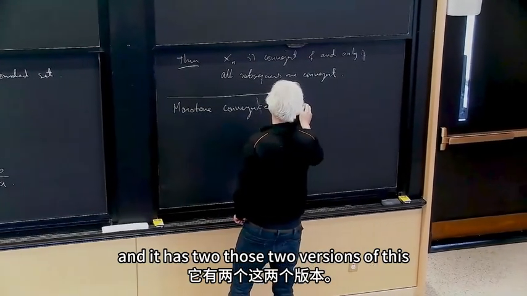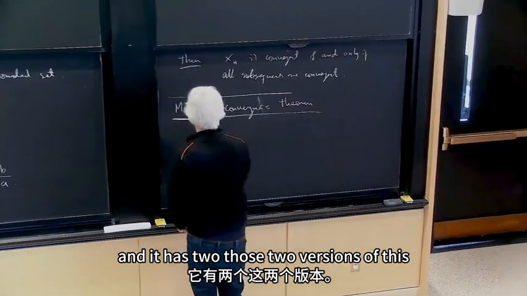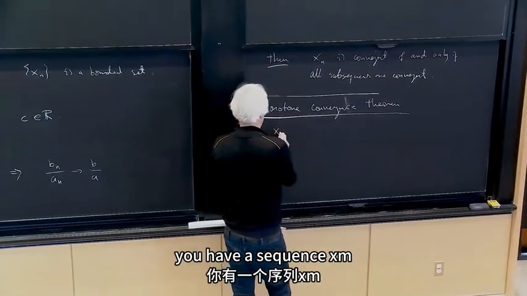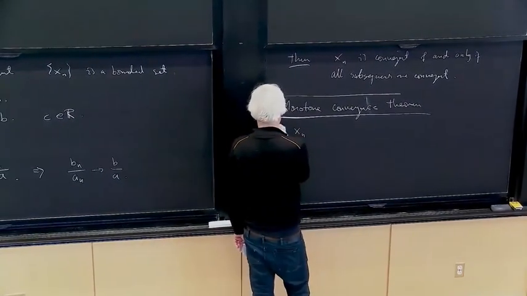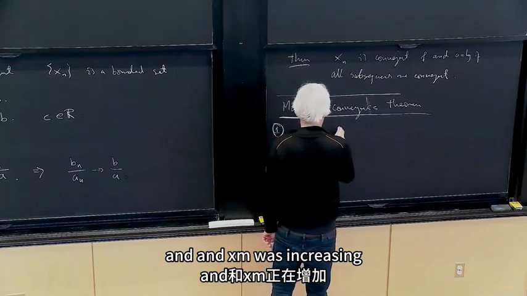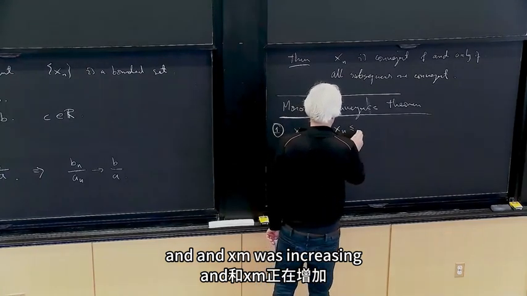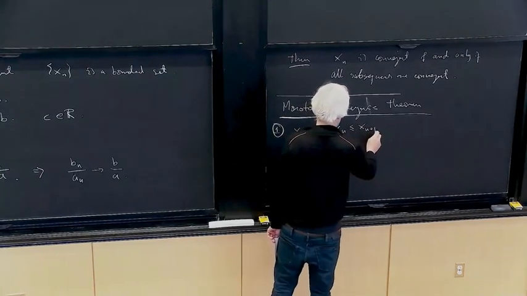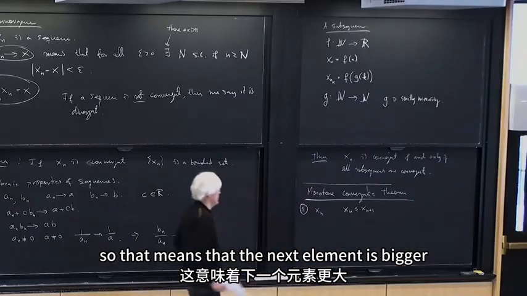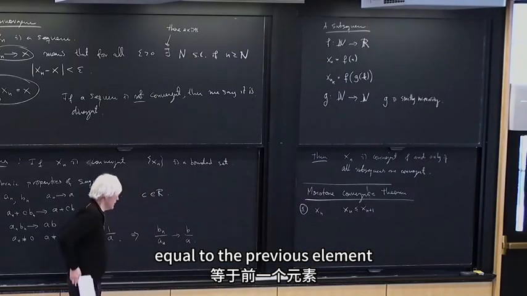And there were two versions of this. You had a sequence x_n, and x_n was increasing. So that means that the next element is bigger or equal to the previous element.